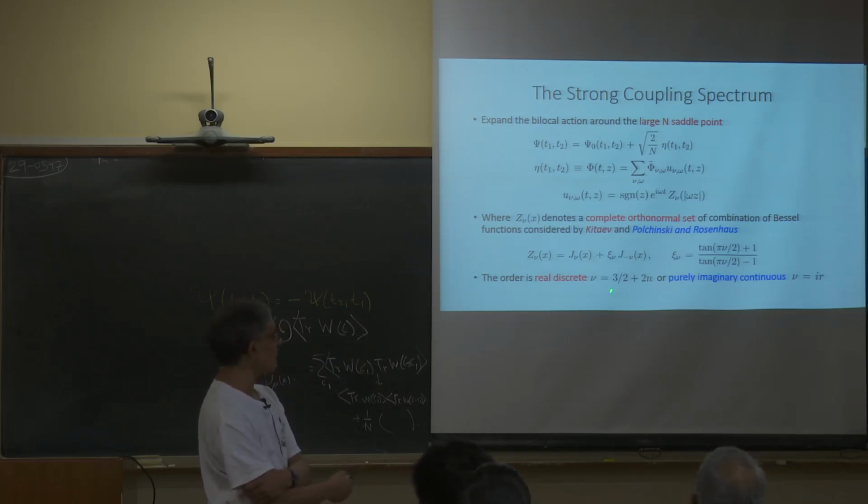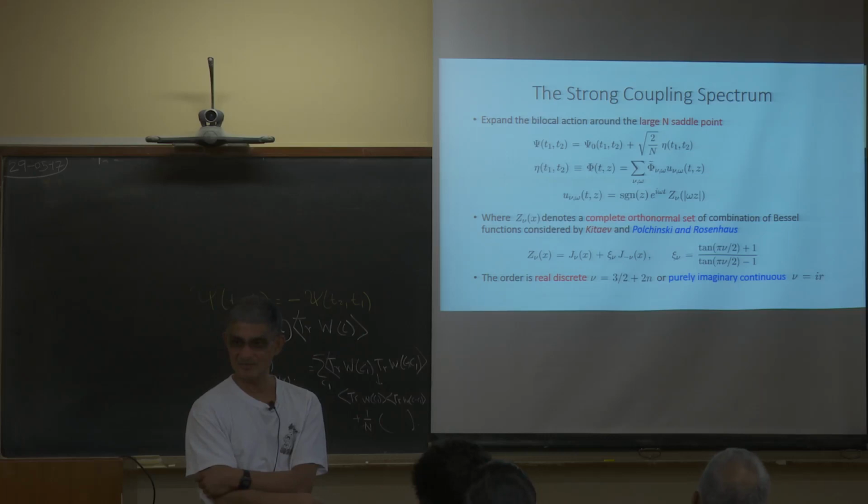The set is formed when nu is real, it is of this form, and the other part is when nu is purely imaginary, nu is i times r. Of course, when nu is i times r, J nu and J minus nu are nothing very different near z equal to 0, and when nu is real, it has to be these values, and for those values this factor vanishes, and that is the reason why these are normalizable.